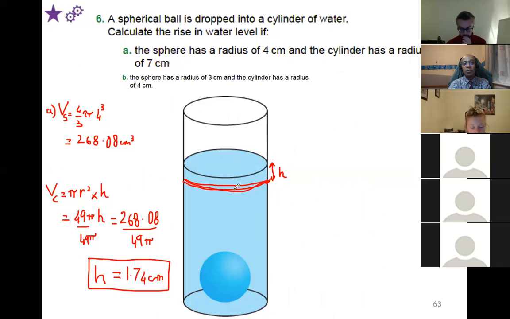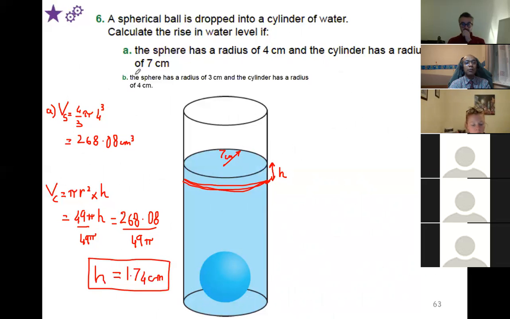But then you need to know, how do we calculate the volume of this cylindrical portion? It's just pi r square, so you've got your r here, which is 7 centimeter in our case for the cylinder, times the height, which is exactly the volume of the sphere that's been added.